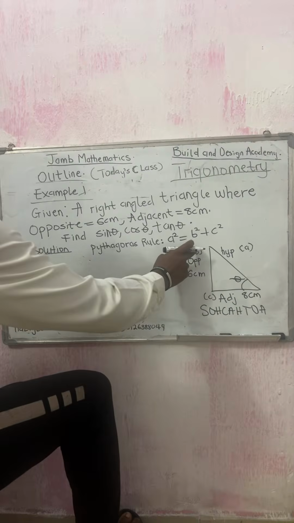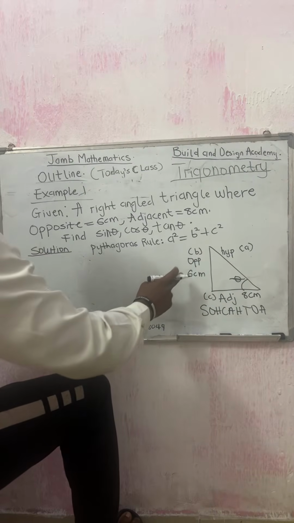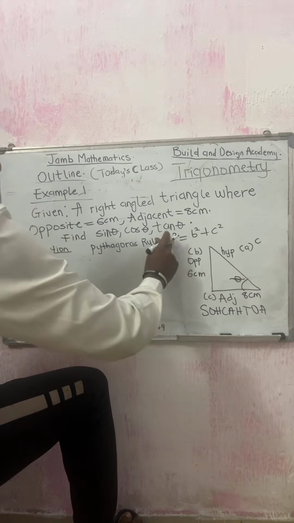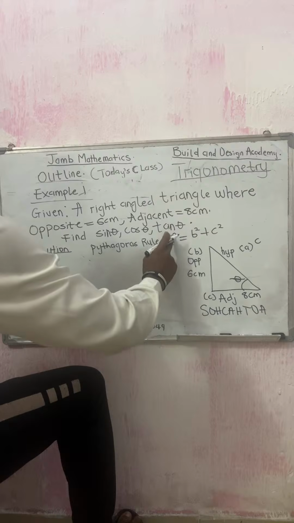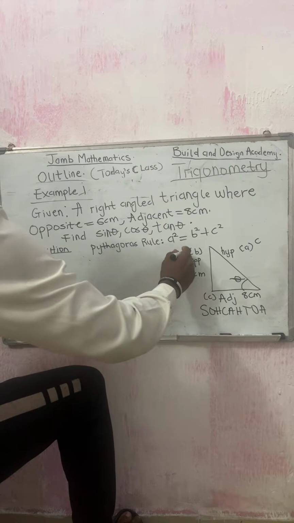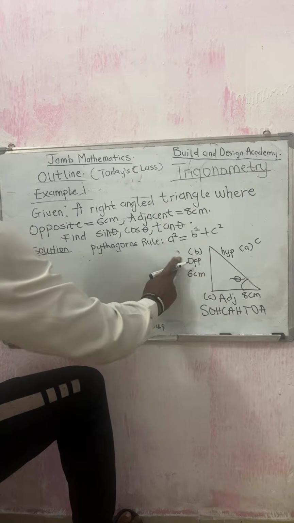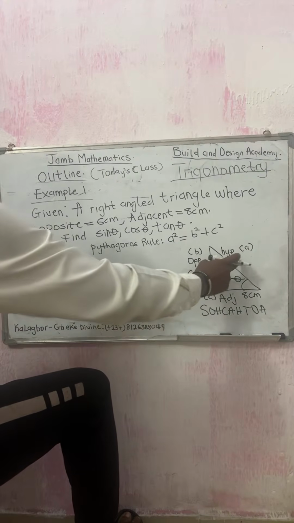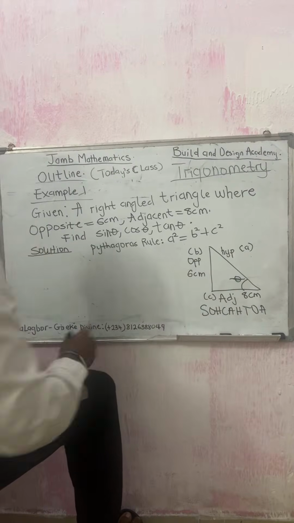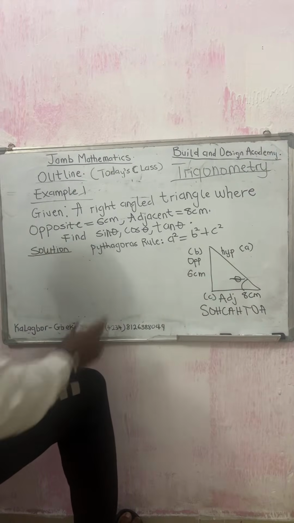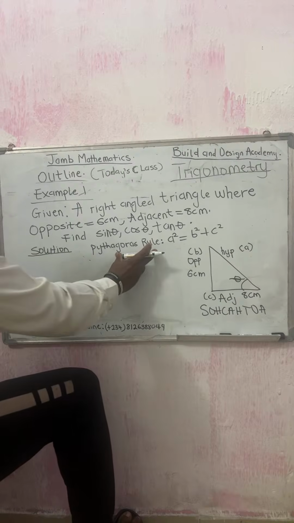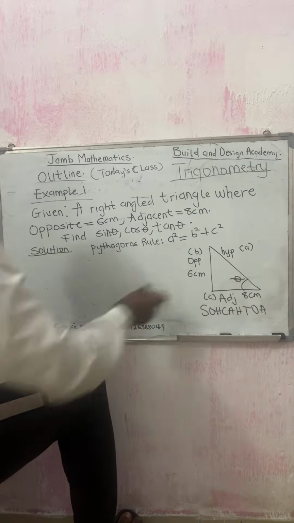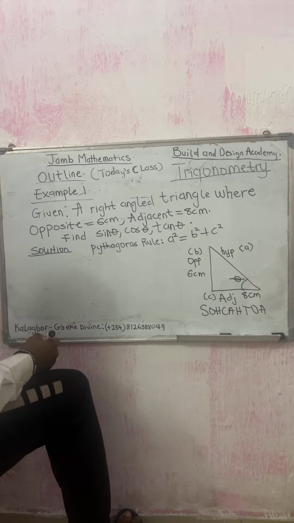If you put our hypotenuse as C, that means here we change to C square. And if you put it as A, that means here we change to A square. So the formula can change based on what you give your hypotenuse, your opposite, and your adjacent. So this is the basic knowledge of Pythagoras rule. It will help us find A, which is our hypotenuse.